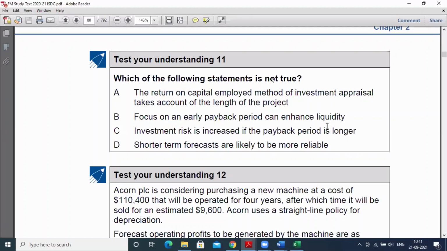Suppose two projects are there. Project one is giving a payback period of 3 years, and project two is giving a payback period of 5 years. Now, when it comes to investment risk, in which case will investment risk be more: the one with a shorter payback period or the longer payback?